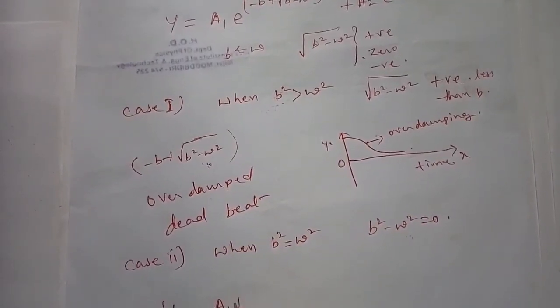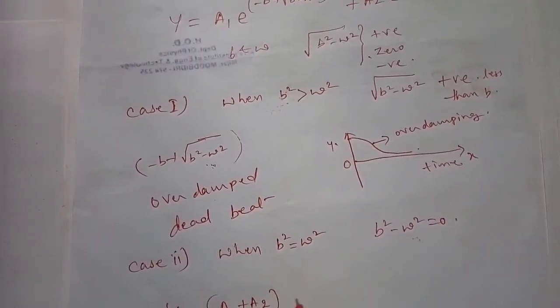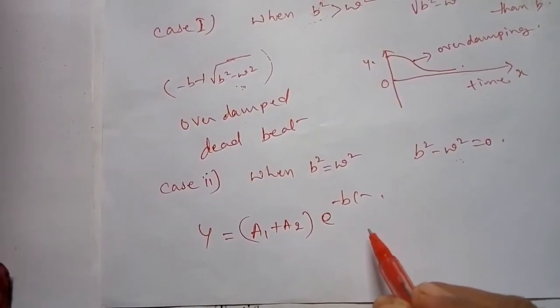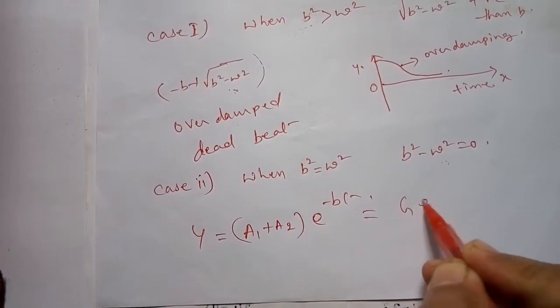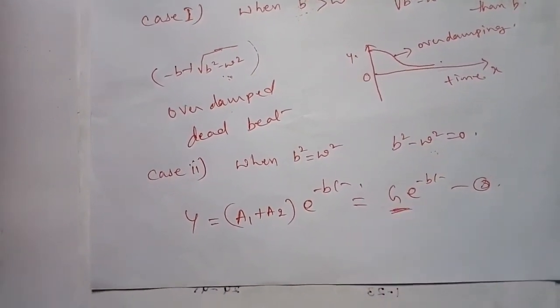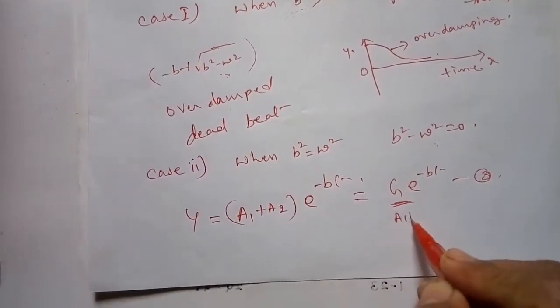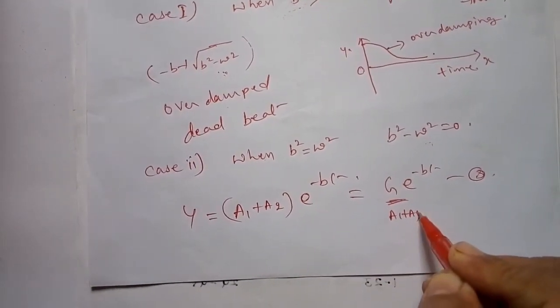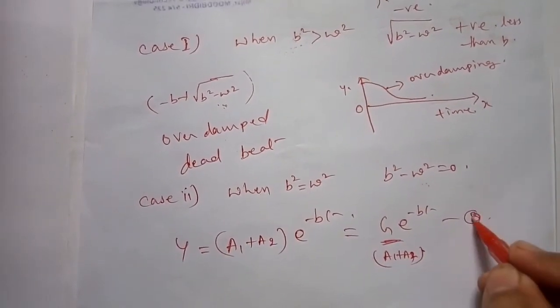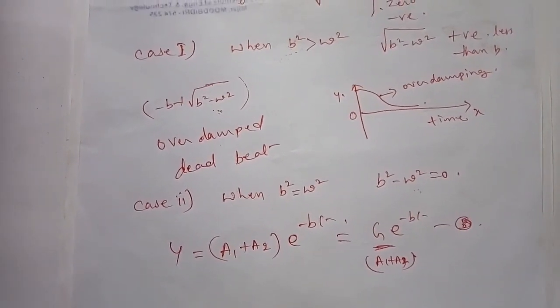Therefore, a1 plus a2 into e to the power minus bt. So that's equal to G into e to the power minus bt, where G is again a1 plus a2, that's a constant. Let me call this expression 3.